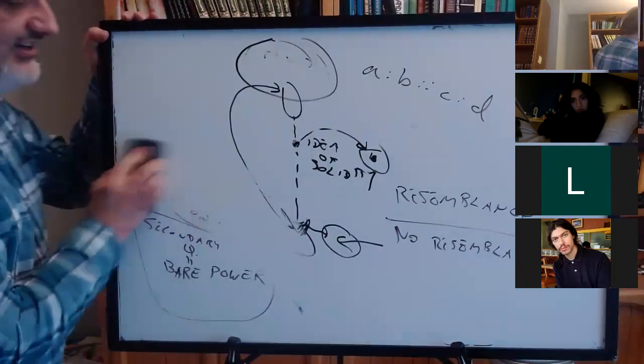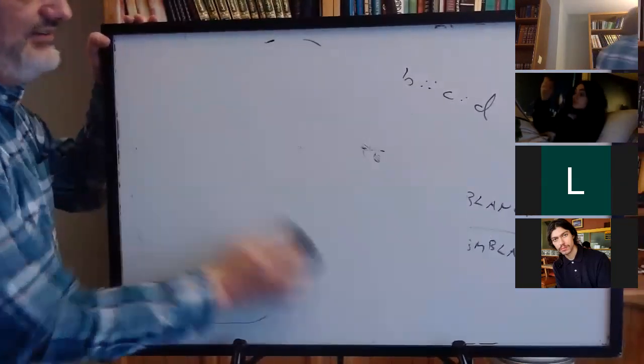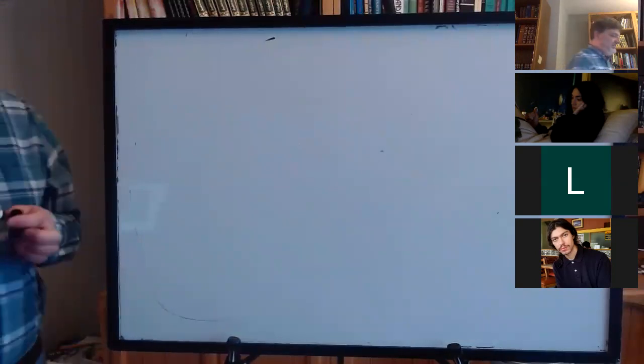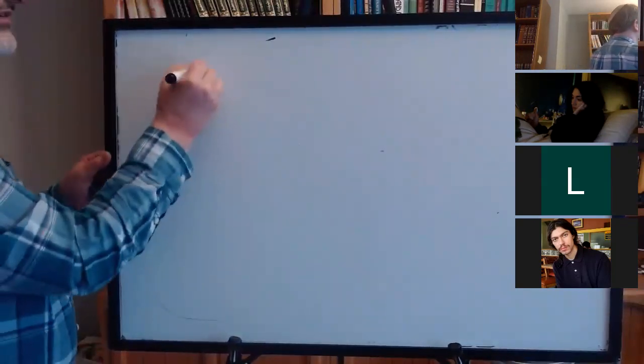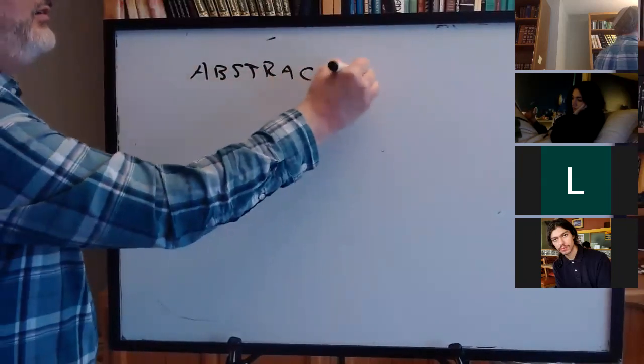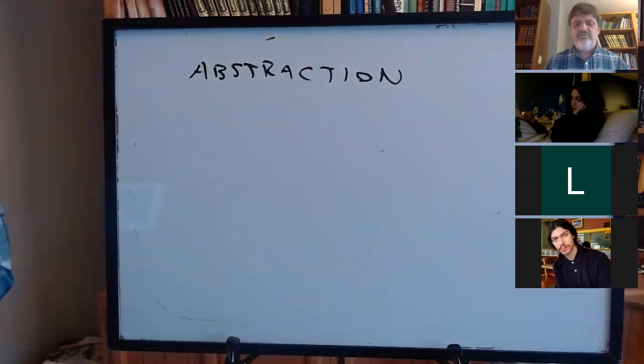I'm going to erase all of this and talk about abstraction now, because that was also included in today's reading. Let's see how much time I have left. 20 minutes. All right.